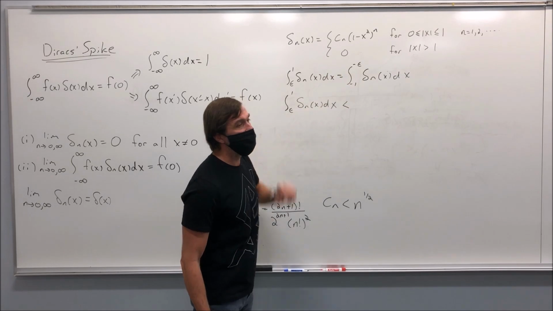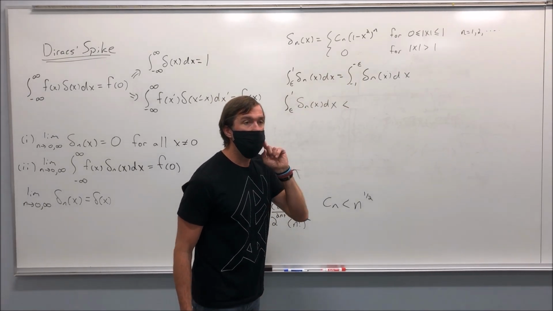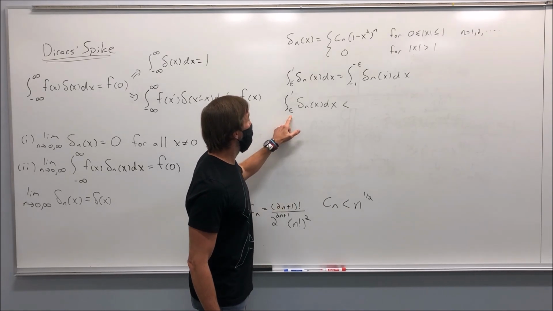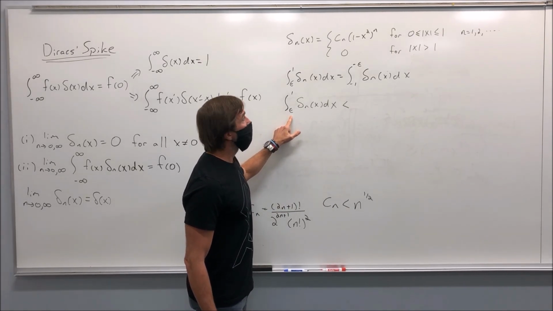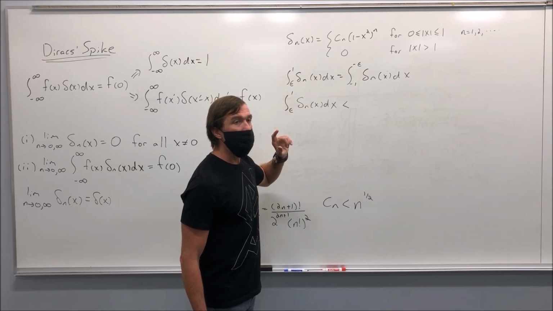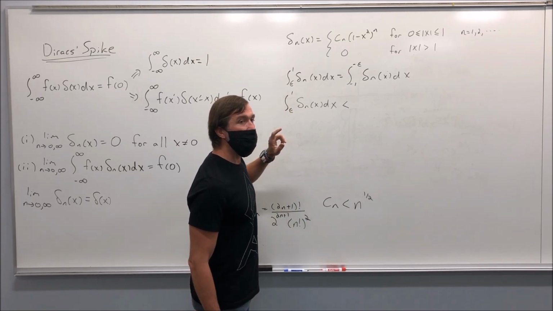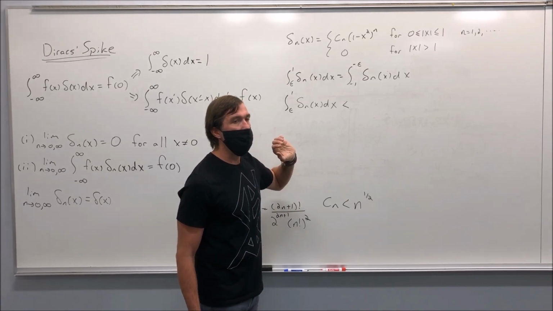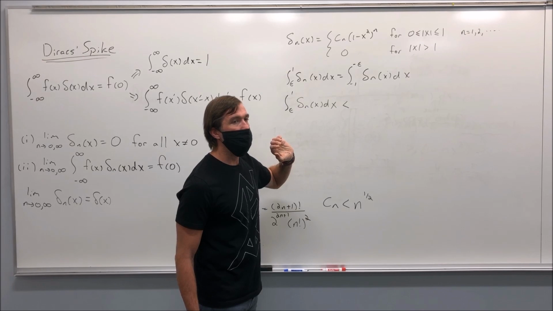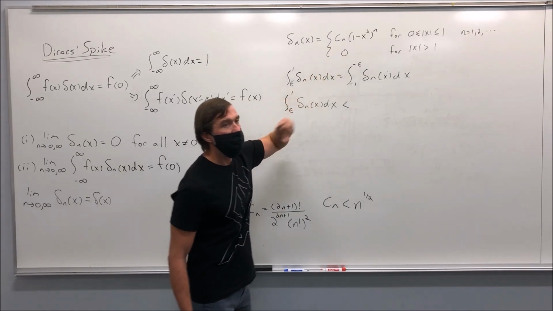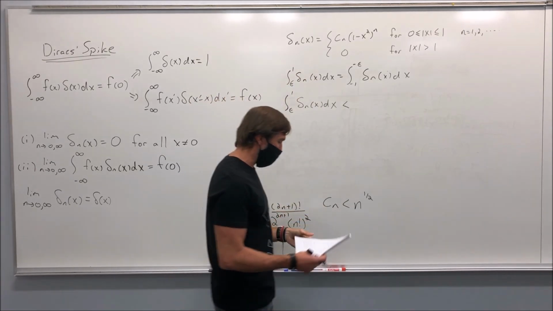I don't think that integral is less than 0. Well, from epsilon to 1, epsilon is less than 1, so it should not be less than 0. So which of these two should I use? The top one, yes, thank you very much.